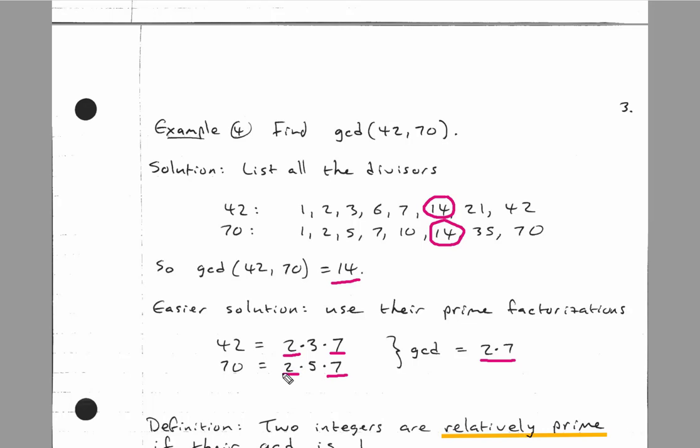Alright, so we're just looking for common factors. So the greatest common factor, the greatest common divisor, looking at it this way, so looking at the prime pieces, it's 2 times 7. Okay, so we get the same answer.